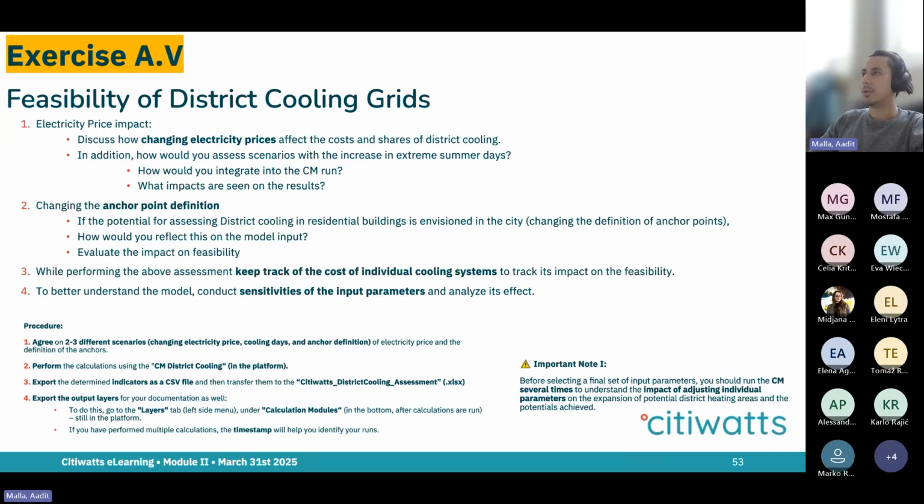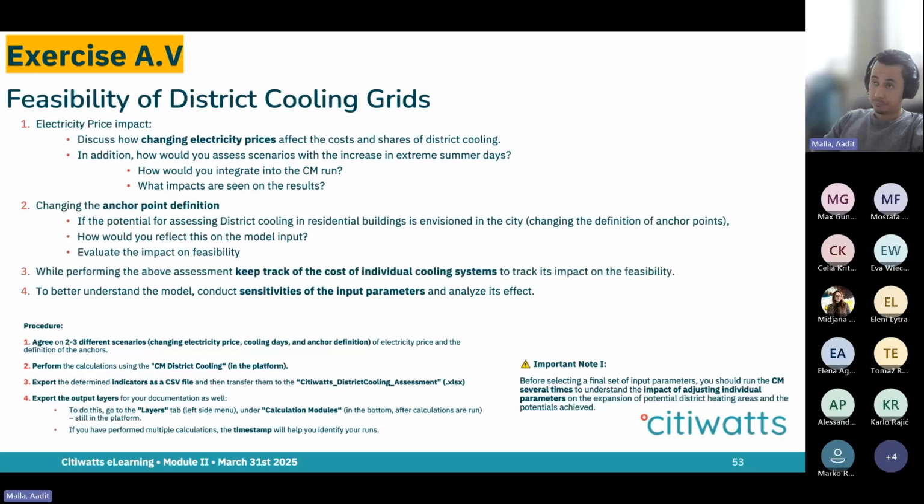In addition, assess scenarios. So for instance, if in a few years you expect an extreme increase in summer peaks or summer days, how would you integrate this into the calculation module, and what impacts would you expect or see in the model runs?